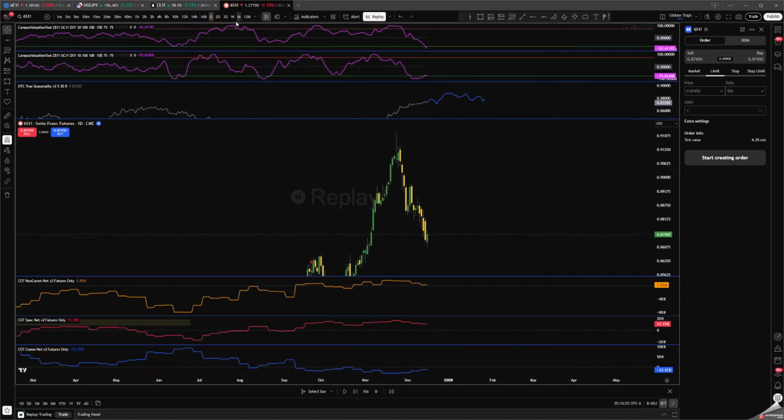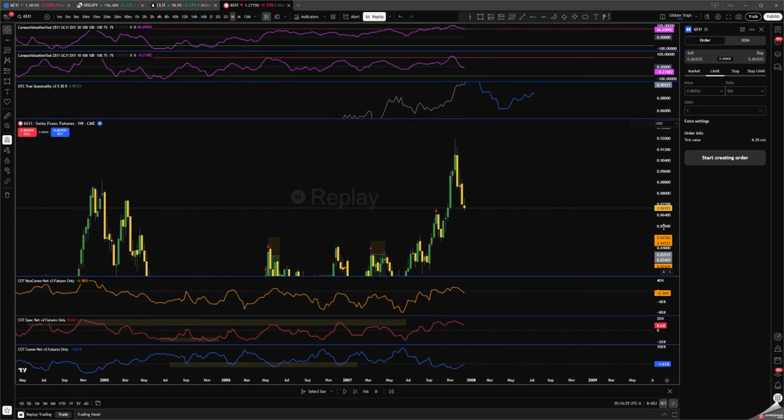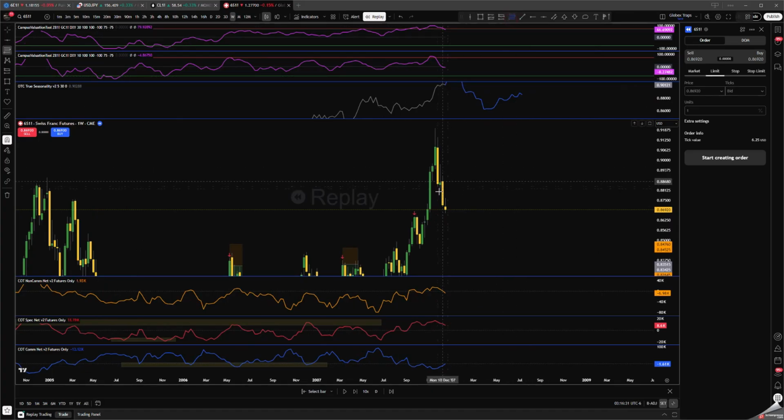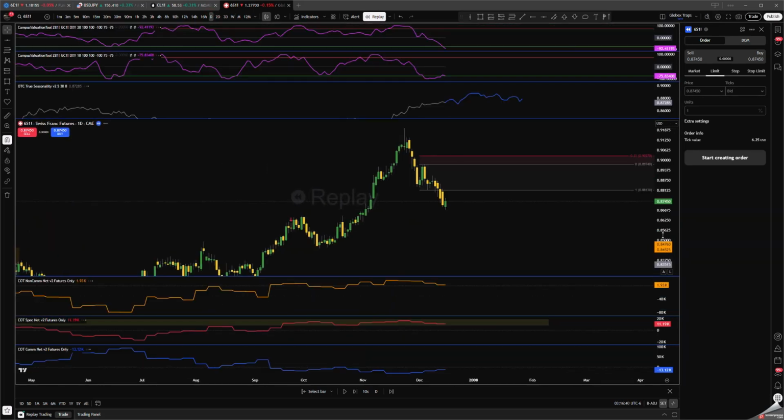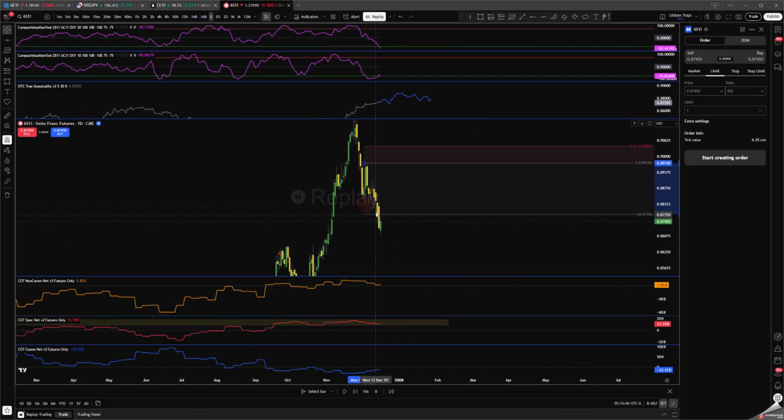Okay, since we are biased bearish now, we can try an entry here. It's a drop-base-drop supply zone. It's a good supply zone, and we can try to time and cover that.